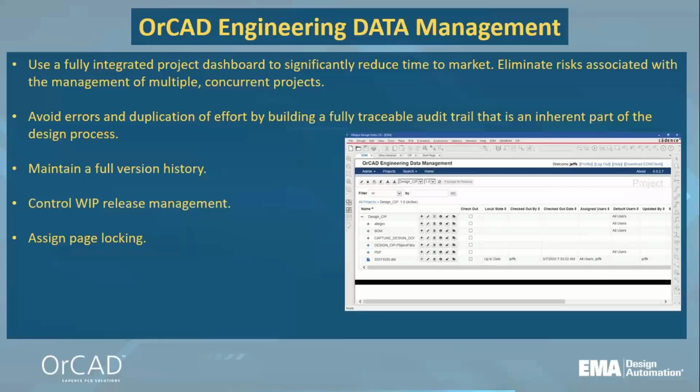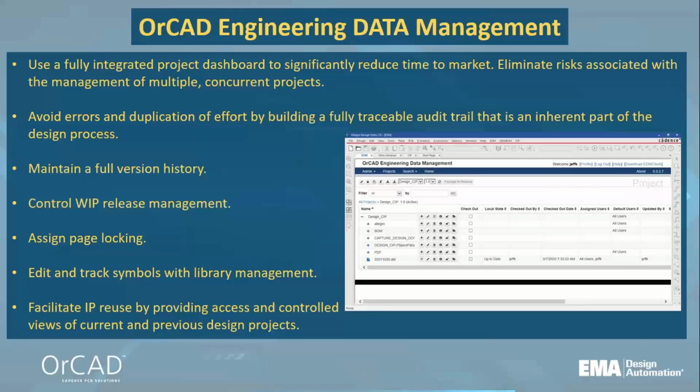We can also assign page locking. So if you've got multiple engineers and you only want them working on certain pages of the schematic, we can assign them those. And we can edit and track symbol library management as well. So if an engineer is building some more parts or going into Librarian and downloading those parts, we can track and make sure we know who's adding the parts to the design.